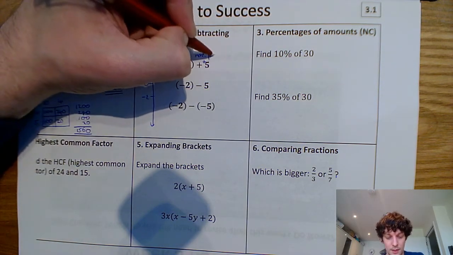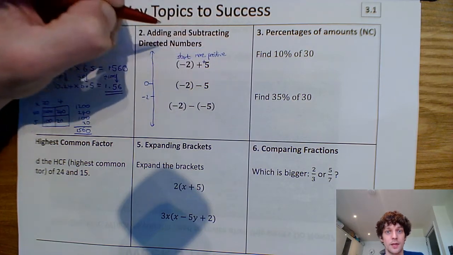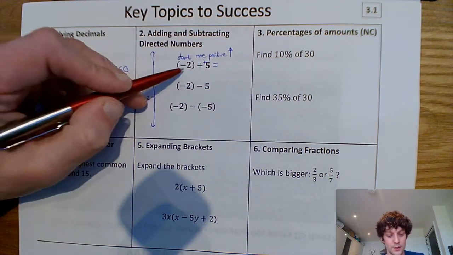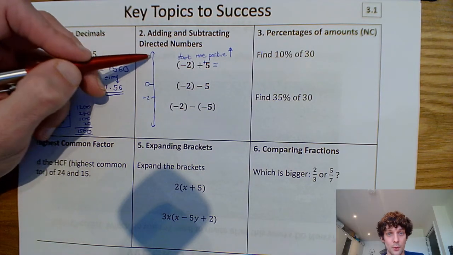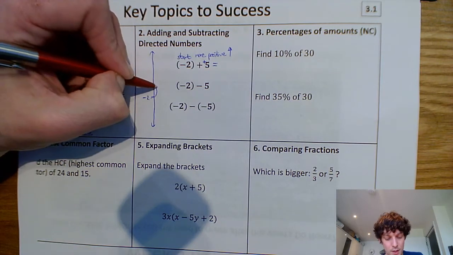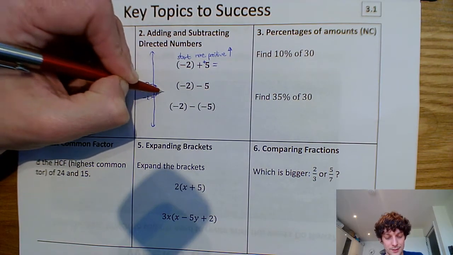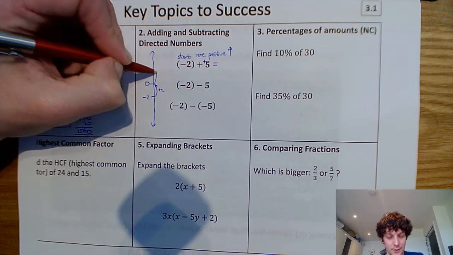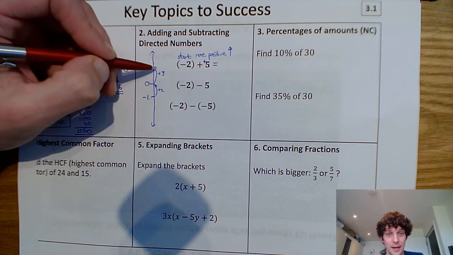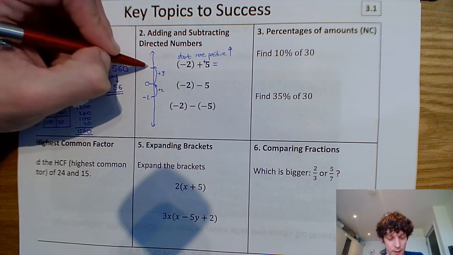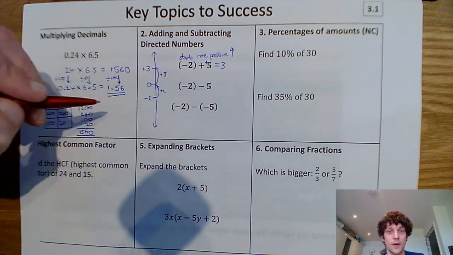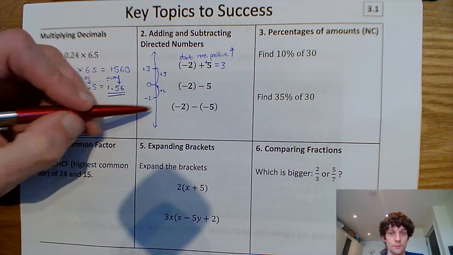So my number is getting more positive. If I'm getting more positive, I'm going up the number line. So we started at -2. I'm going 5 up the number line. I need to figure out where that would take me. Well, to get to 0, I'd need to add 2. So to get 5 up, I'd need to add another 3. So I'd get to +3. So -2 plus 5 is +3.